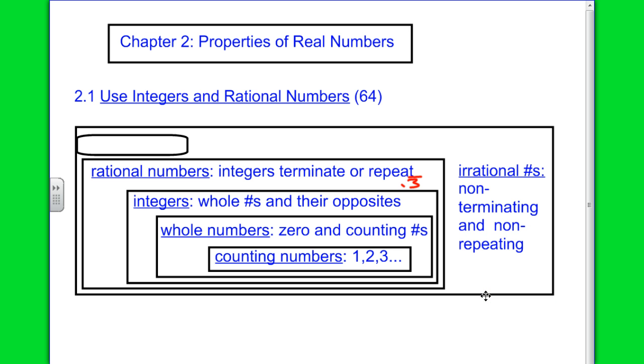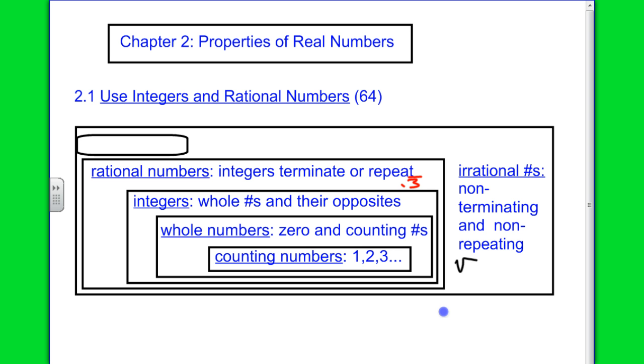Okay? It never ends. So pi is the most famous example, but who remembers the other common examples of irrational numbers from last year? When you take the square root of... Okay, so what number might we stick in the radical to show irrational?